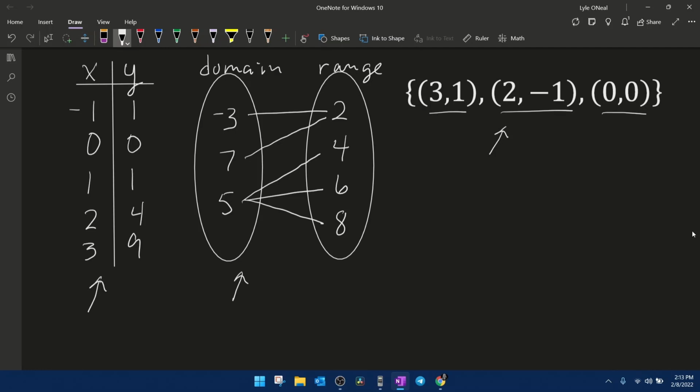So in this case, the braces, which are these funny looking parentheses on the ends, are used mathematically to indicate a set. And here we have a set of three ordered pairs. So all three of these examples represent different ways that you can express a relation.